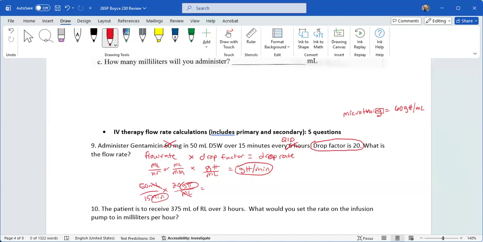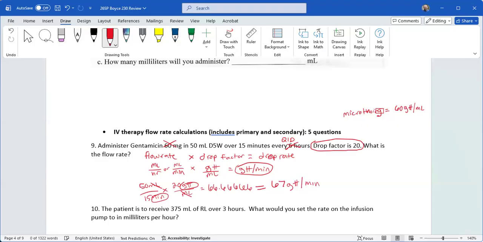And then I plug that into my calculator. 50 times 20 divided by 15. In this particular example, I'm going to get 66.66666, going to keep repeating. And we are going to round that to the nearest whole number. So we would say 67 drops per minute.